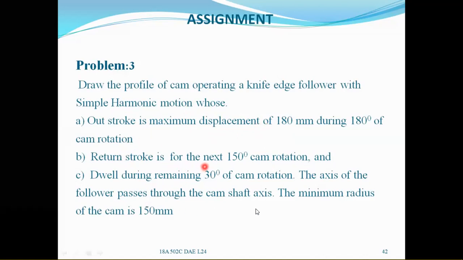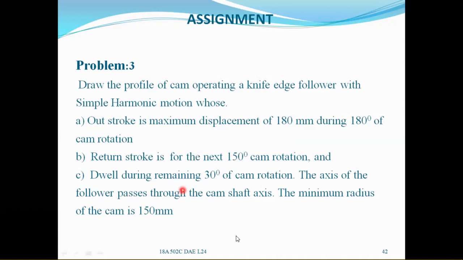Return stroke is for the next 150 degrees of cam rotation, and dwell during the remaining 30 degrees. Here only one dwell period is there: 180 plus 150 plus 30, total 360 degrees completed. That is why there is no dwell between outstroke and return stroke. That is the only difference in this problem.